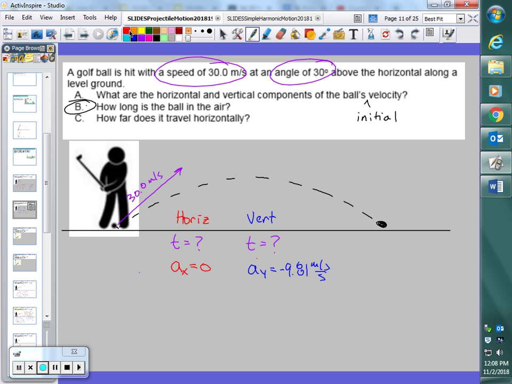So we just learned that the red arrow on the previous triangle was representing the initial velocity in the horizontal direction. The blue arrow on the previous triangle represents the initial velocity in the vertical direction.